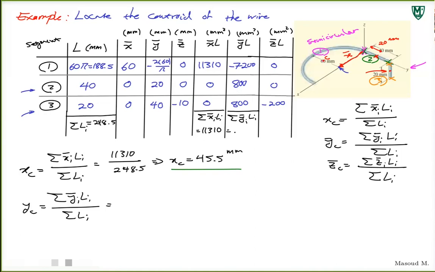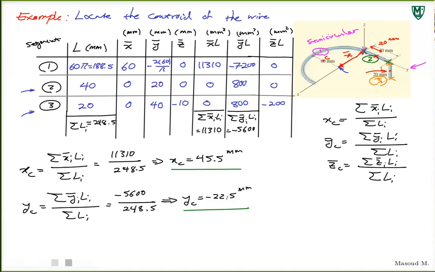That'll give you minus 5600. So this becomes minus 5600 divided by the total length 248.5, which gives you YC as minus 22.5 millimeters.